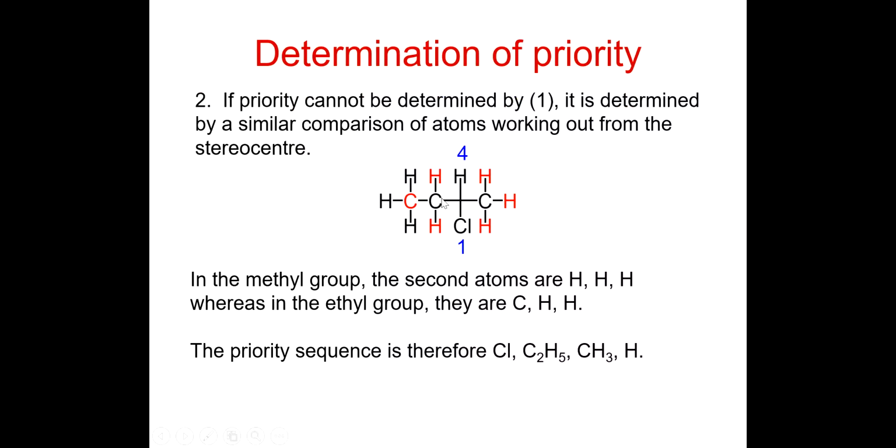For the methyl group, the first carbon is connected to 3 hydrogens. But for the alkyl group, the first carbon is connected to what? Hydrogen, carbon, and hydrogen. So the carbon is bigger than the hydrogen here, right?